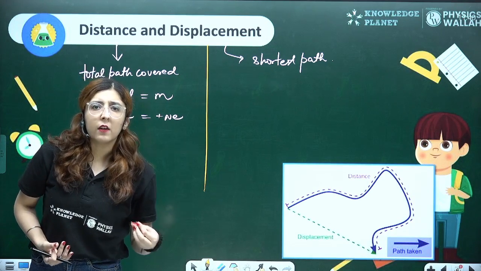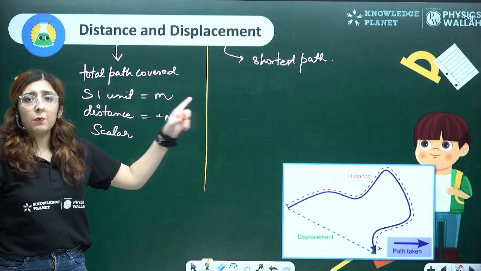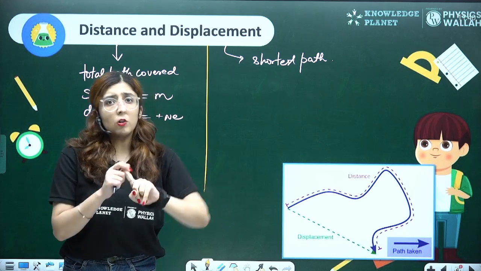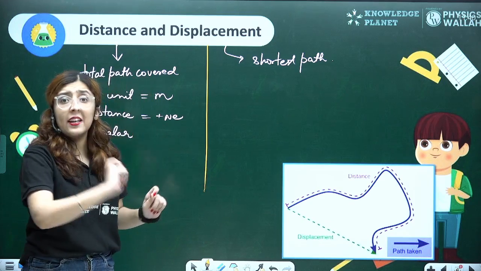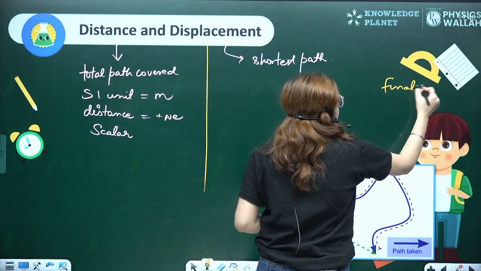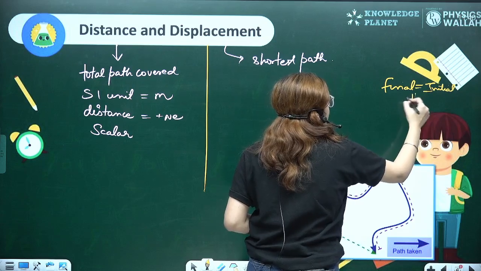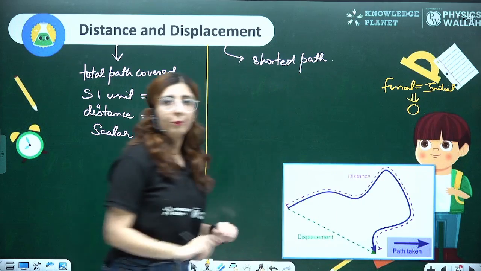The shortest path here will be 0. So when we talk about displacement, keep two things with you: it is the shortest path, and if the final and the initial position are the same, then displacement comes out to be 0.